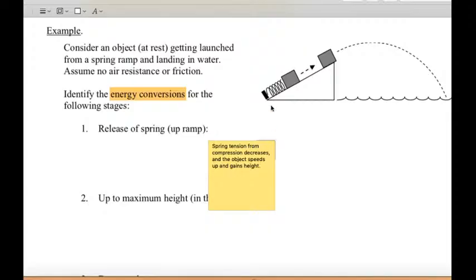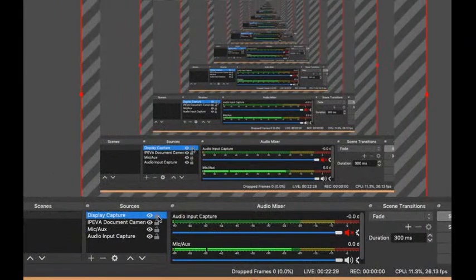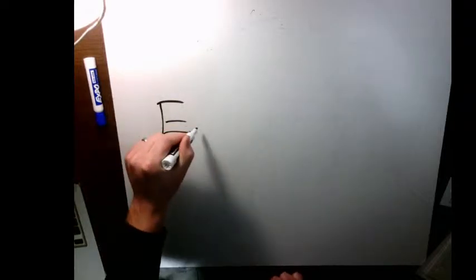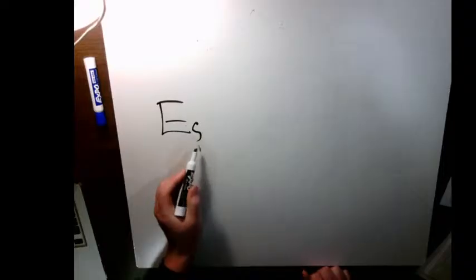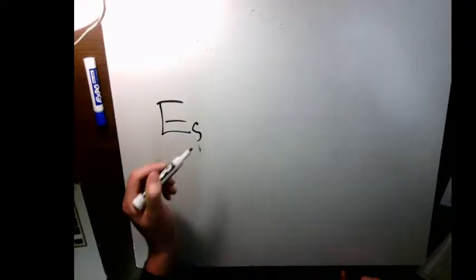So that would look like our spring energy being converted. Let's just do it on our whiteboard. So we have a starting spring energy, ES, or energy stored as elastic potential energy.